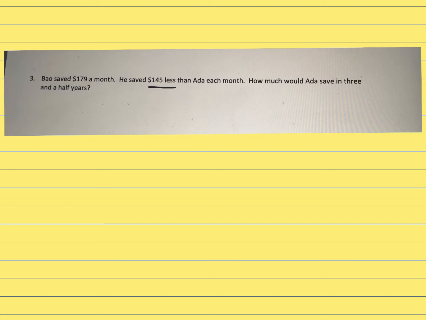Then it says, how much would Ada save in 3.5 years? So 3.5 years is how many months?